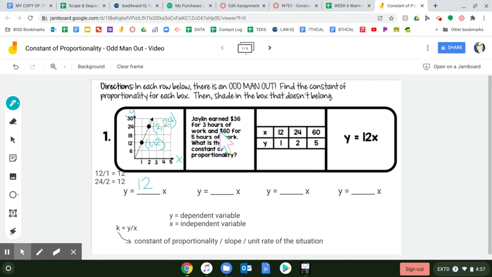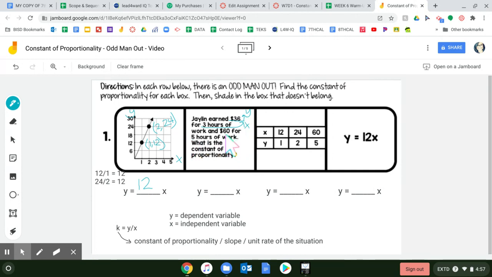In this situation, hours go on independently no matter what else is going on. So hours would be our independent variable. That would be our x. $36 depends on how many hours we work. That would be our y.